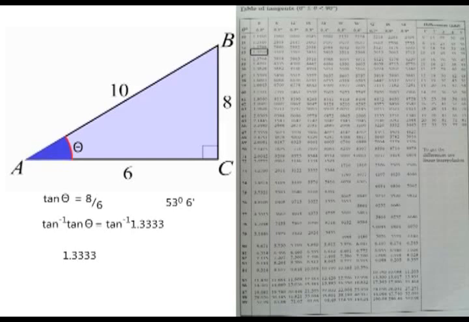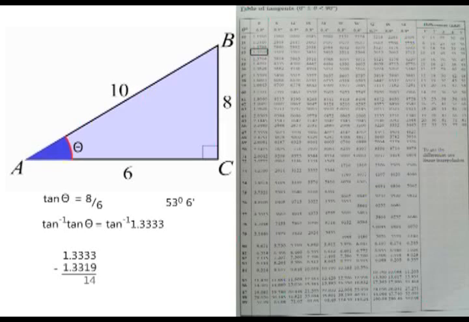We get the differences between the numbers. 1.3333 minus 1.3319 gives us 0.0014. We go to the differences column and look for 14, or the closest number. There's no 14. There is 10 and 15. 15 is closer to 14, and it is found in the column of 2 minutes.